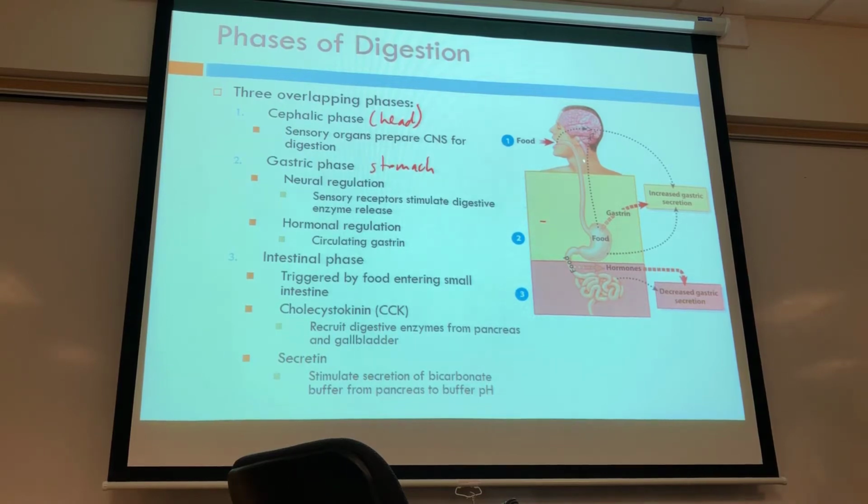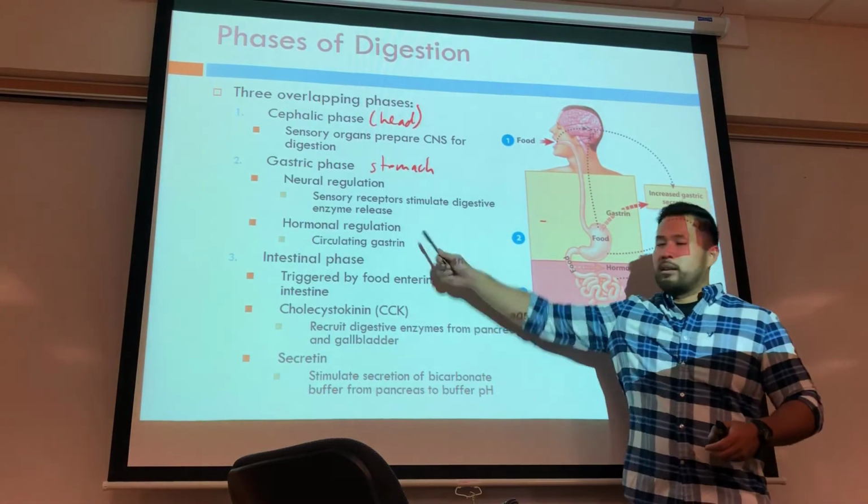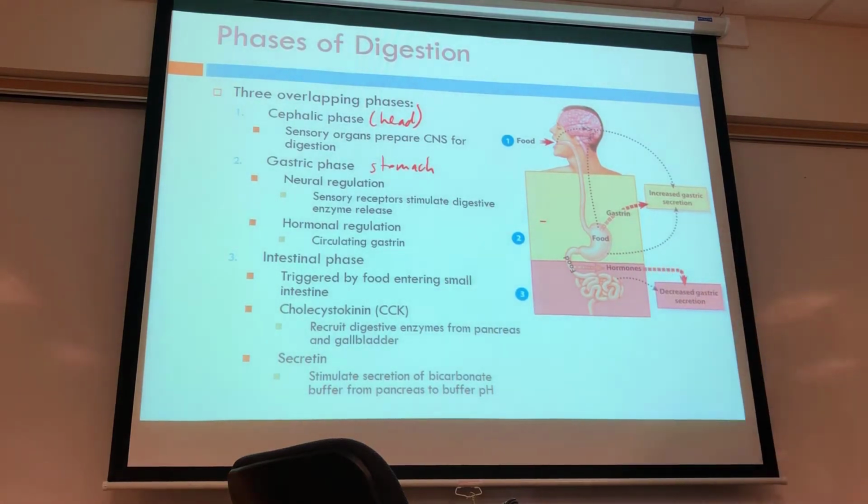The gastric phase, as we move from the mouth down to the stomach, we're going to learn about communication. Communication from the central nervous system, our neural regulation, as well as the hormonal regulation that takes place to supplement central nervous pathways. So neural regulation involves the input of information. These involve the output of information.